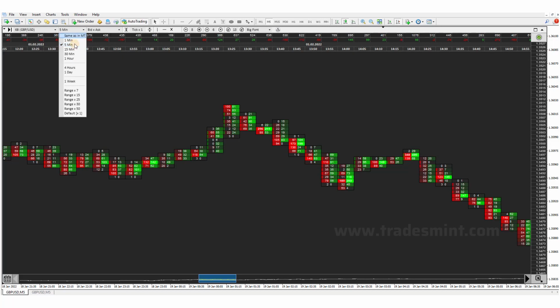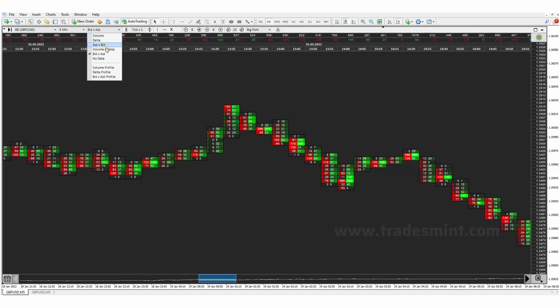Later, about the volume profile, I will show you how I use the 1 hour on footprint. But the M1 and M5 is to mark my imbalances, my levels of interest, and to see the absorption, which will also be explained. So I use only two time frames, and here I use the bid ask, not ask bid, not anything else, just this.